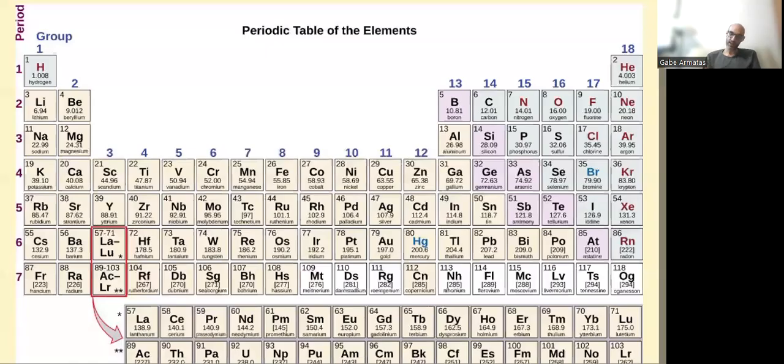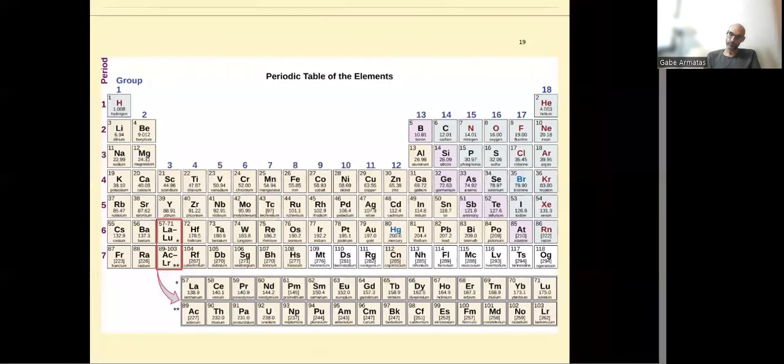All right, and then finally, the periodic table. I'm not going to go through all of these, I'll just mention them now. Group 18, the noble gases. Group 17, the halogens. Group 1, the alkali metals. Group 2, alkali earth, or alkaline earth.